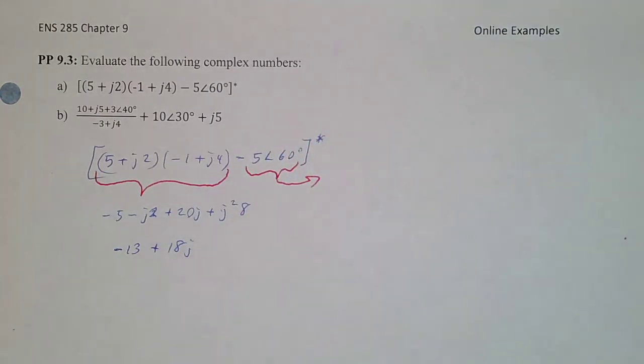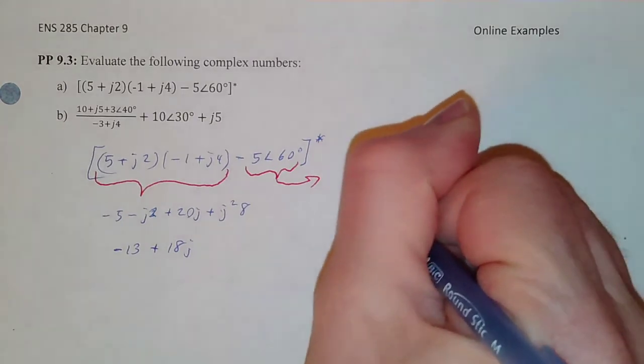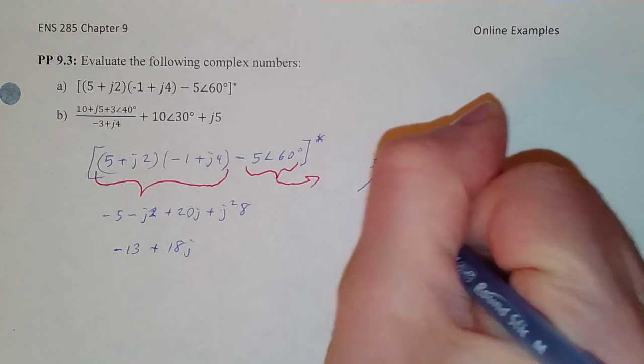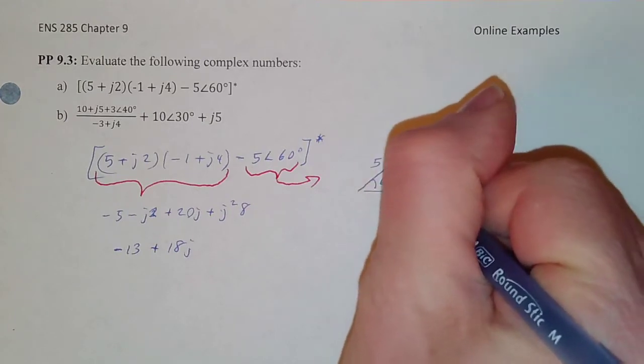Well, remember we said addition and subtraction are easier when you're in the rectangular form instead of polar. So I'm going to convert this into rectangular, and I'll just draw this out for you so you can see where these numbers are coming from. This is basically 5 at 60 degrees, so it's got an x component and a y component.